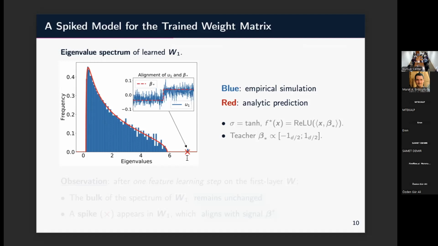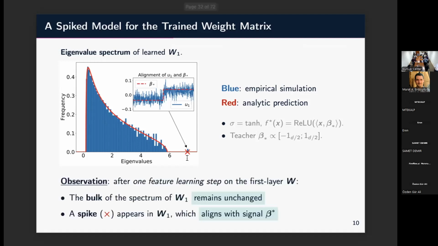All right, so the summary is that the bulk of the spectrum, the Marchenko-Pastur law, is unchanged. But if you have a large enough signal, which will be related to the learning rate, then a spike will appear, and that spike will align with the unknown target direction beta star.